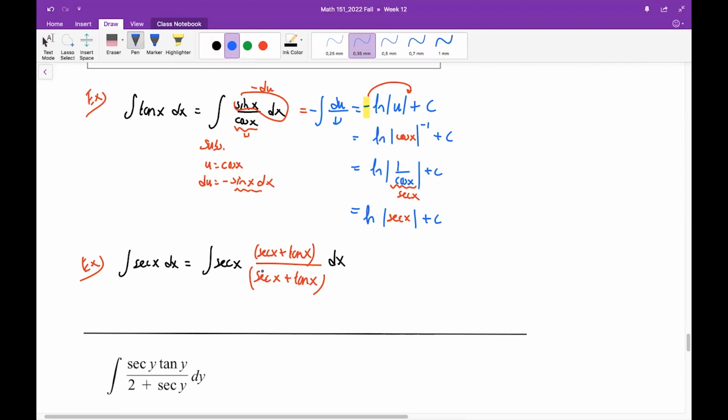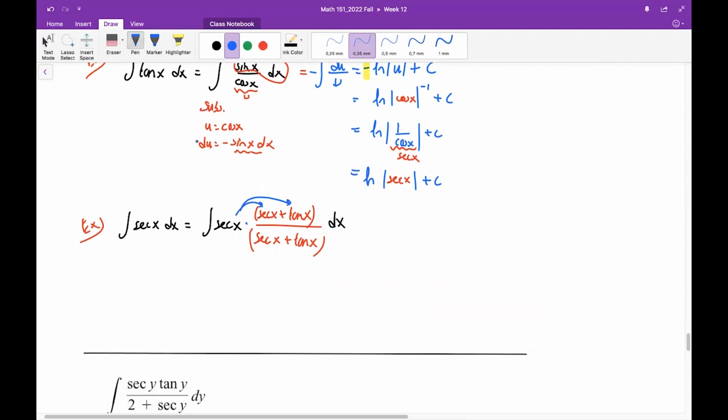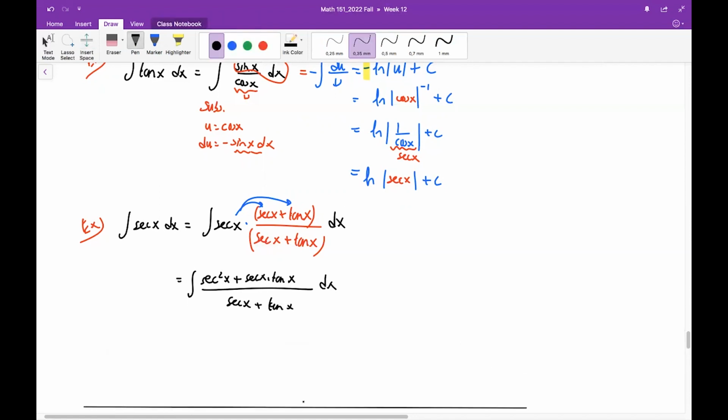We didn't change the question because we also divide by it. Now I will do these multiplications. What we have is secant square x plus secant x times tangent x, divided by secant x plus tangent x, dx.